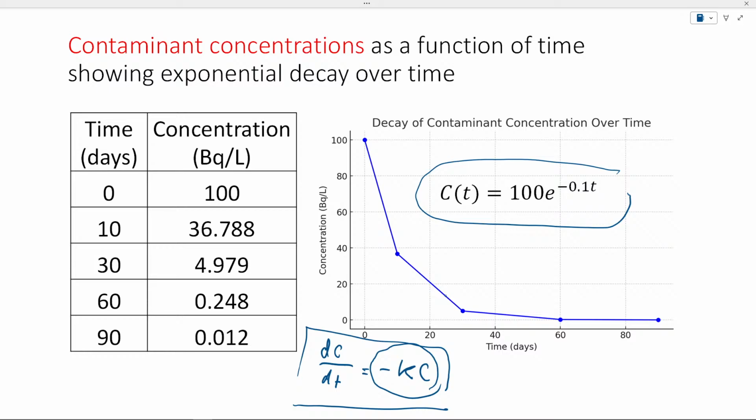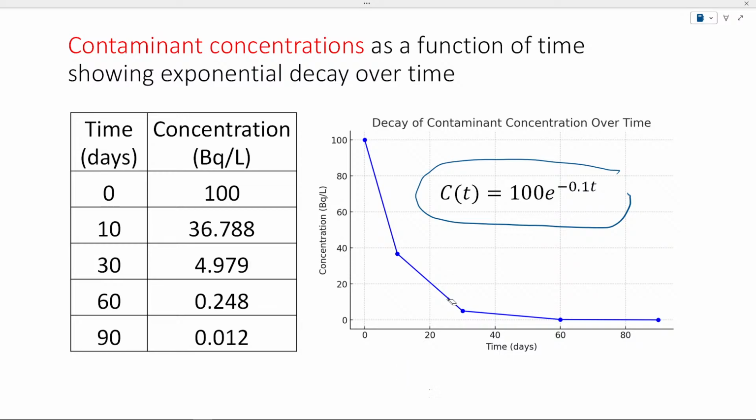But now, by integrating this guy, by solving this differential equation through the separation of variables I did here, I was able to come up with this equation.